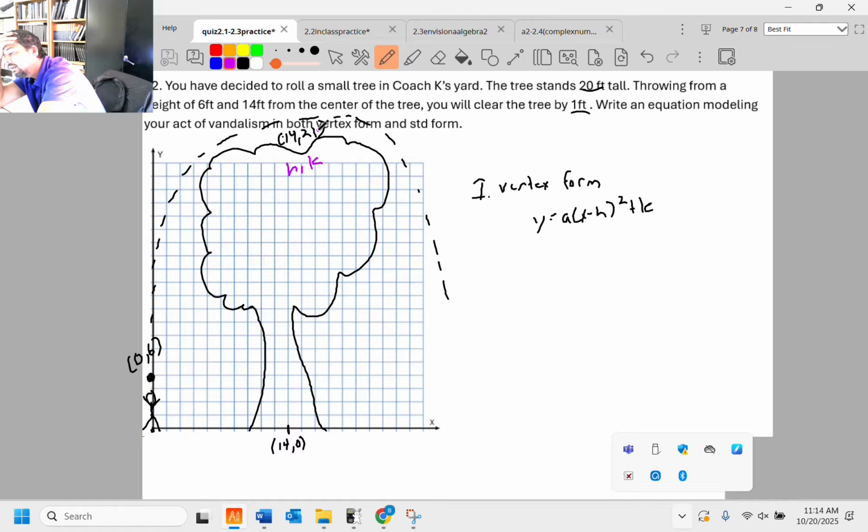H is 14, k is 21, so y equals a times x minus 14, quantity squared, plus 21. Now, how do I figure out a? Well, we've done this before. Every ordered pair gives you an x and a y, and you can plug them in. So y is 6 when x is 0.